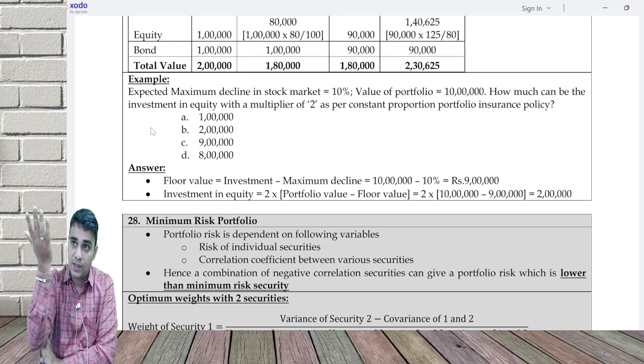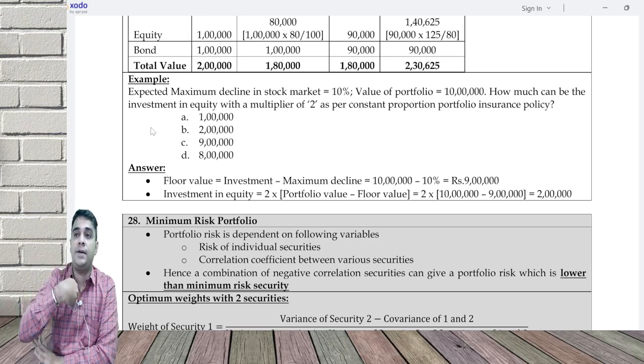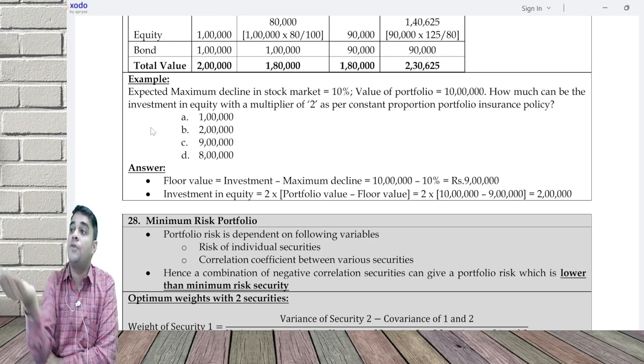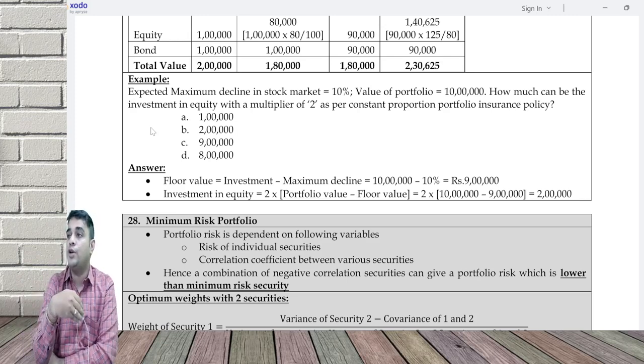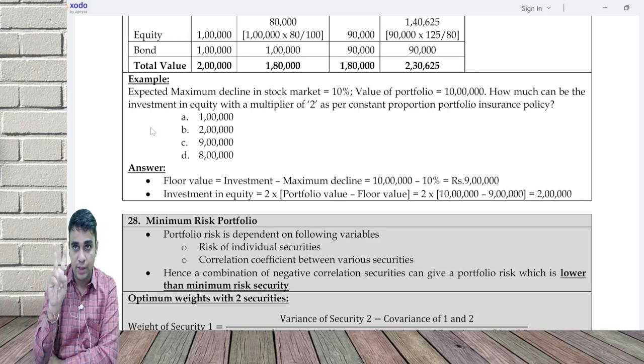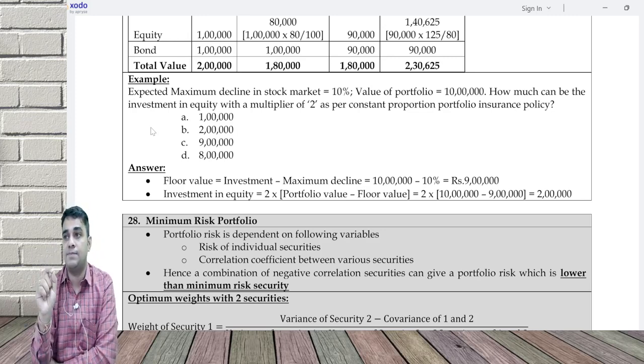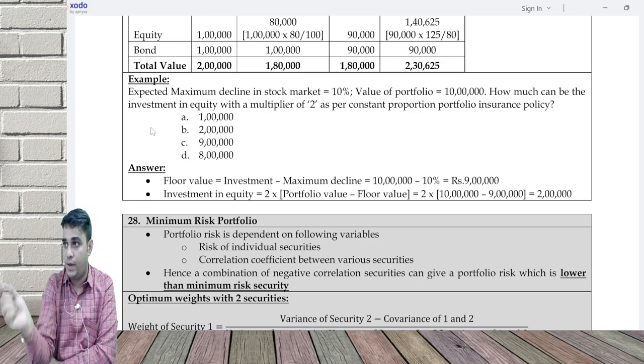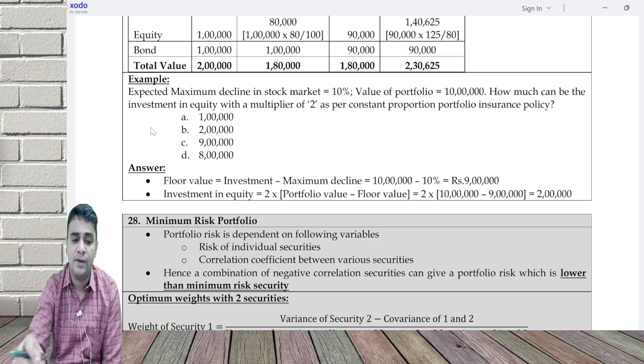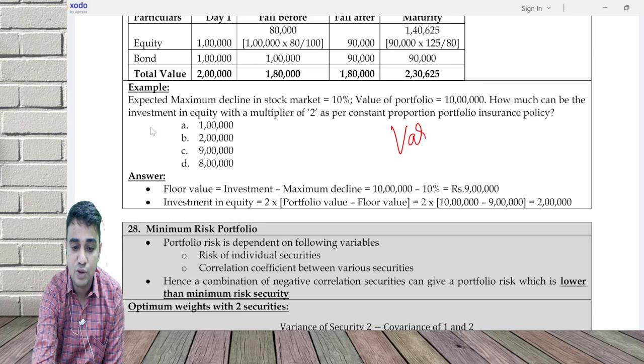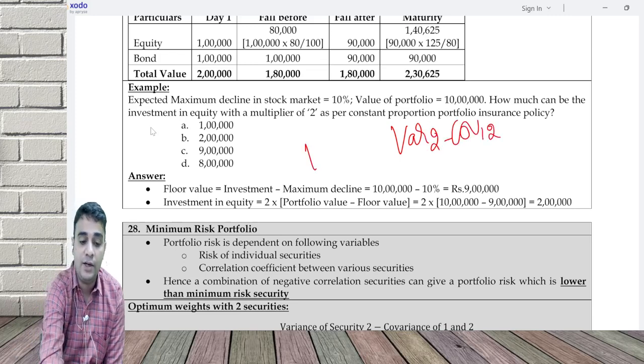Higher the risk of the other security, more will be my weight, because that is more risky, so you put more in my security. Only two securities, okay? So variance of security 2 minus covariance, the covariance is the linkage. So the numerator we use is variance 2 minus covariance 1, 2. This is to get the weight of 1.